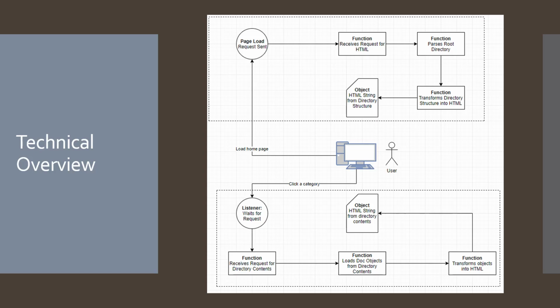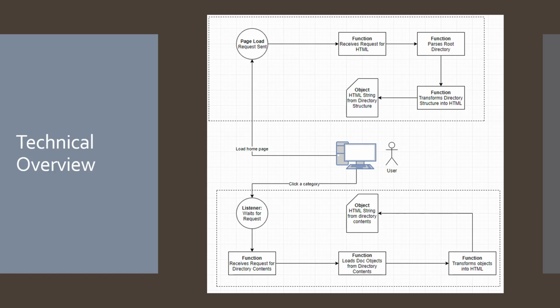So a high-level technical overview of this feature. When the user loads the homepage, there is a function that will run every time the homepage or any page is loaded, because it's going to create that side menu where you can navigate the different categories. So when the page is loaded, there's a function that receives a request for HTML, and since this is a functional programming class, the functions are very granular.